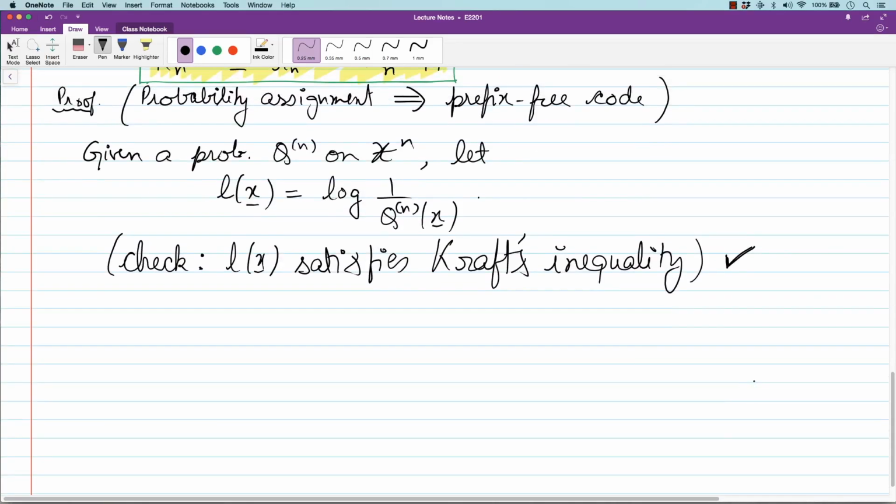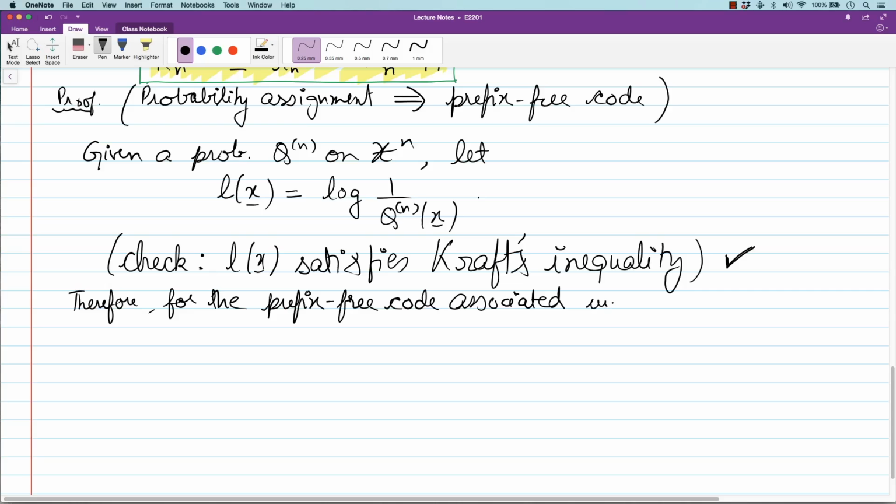And therefore, you can find a prefix-free code with these lengths. Therefore, for the prefix-free code associated with L(x), we assign this length L(x) to all sequences x from x^n.